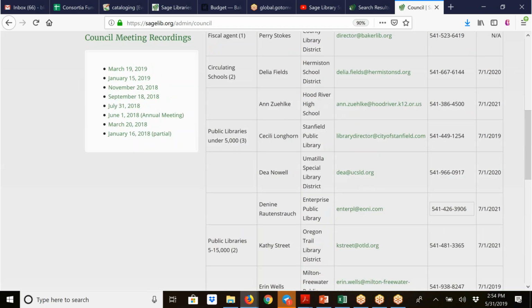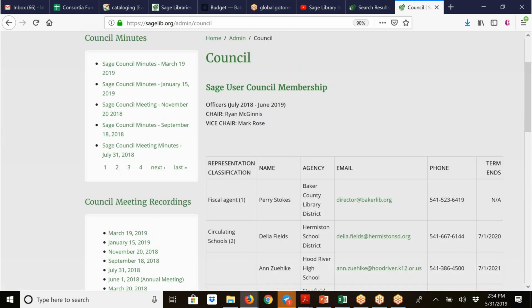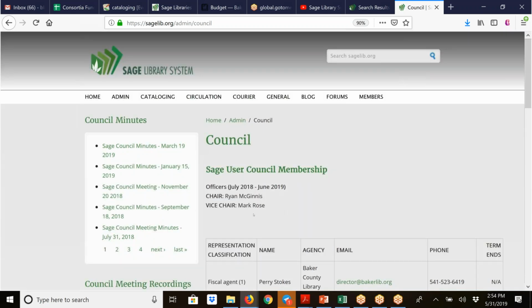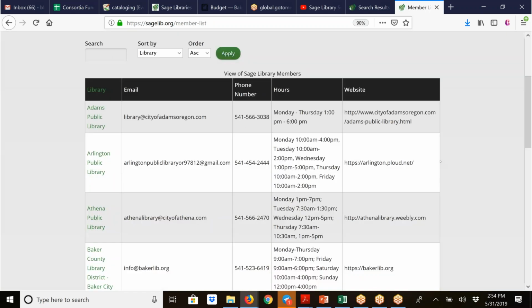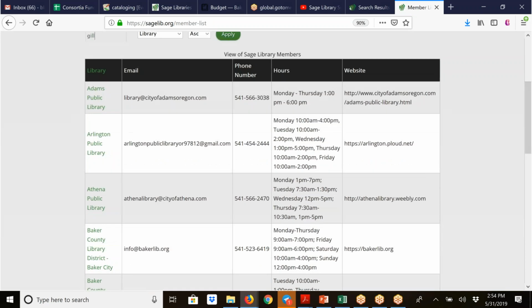Can you go to the page of participating libraries and their directors, so we can look at that real quick too while we're on here? That would be under Members. So what do you want to look at? Look at ours, Gillum County. I think I need to update Haynes.